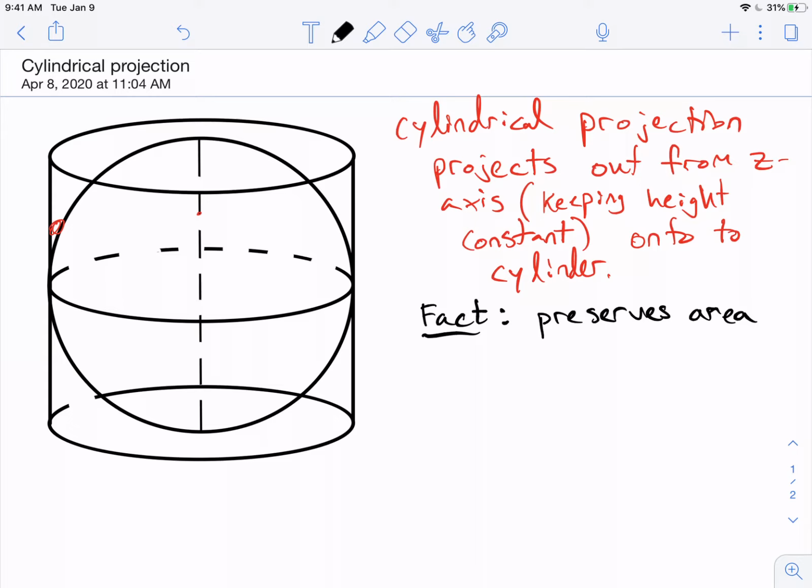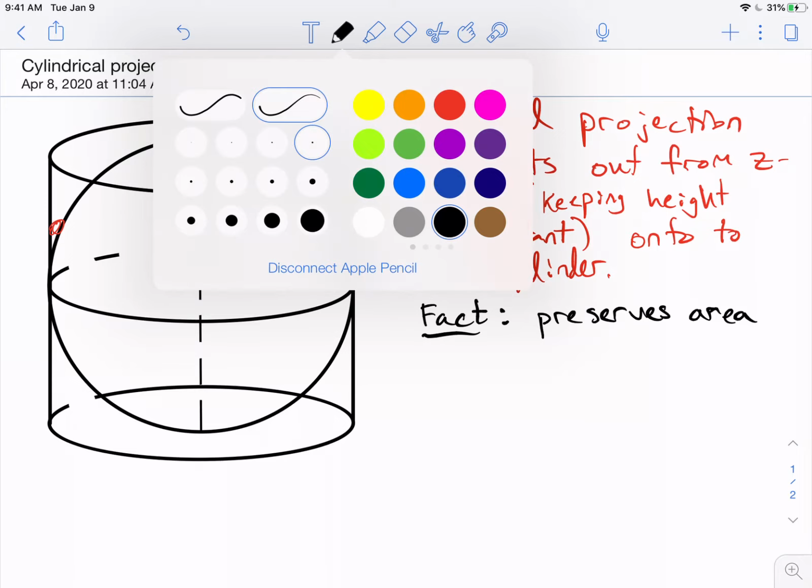Of course, in general, once you unrolled this paper, you would shrink it to a manageable size. So in general, if our map is smaller than the size of the actual Earth, the area on the map is proportional to the actual area. But this projection preserves area. So that's what we're going to try to prove today.